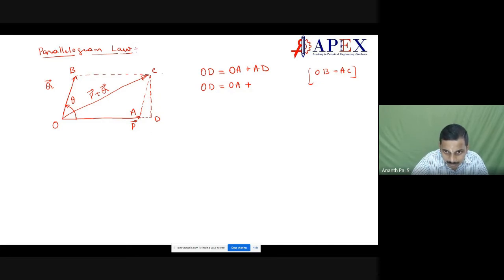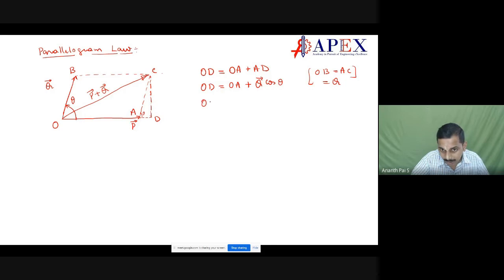AC is equal to Q. And this is theta anyhow. So AD can be written as Q cos theta. So I can write OD is equal to OA plus Q cos theta, since OA is P.